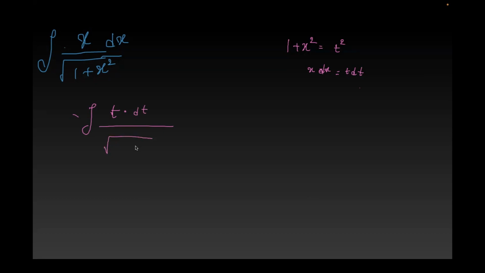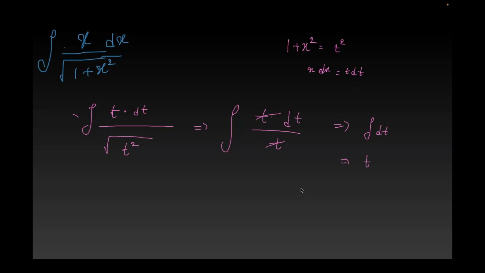Root of 1 plus x square is root of t square. Square root and square cancel. So t dt by t, t cancels. You get integral dt, which is nothing but t.